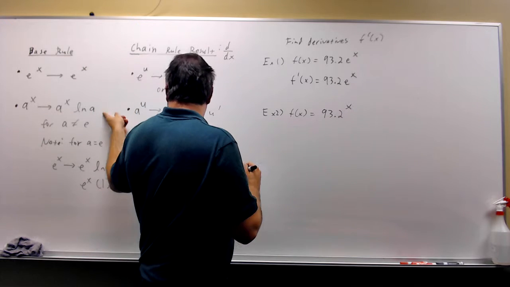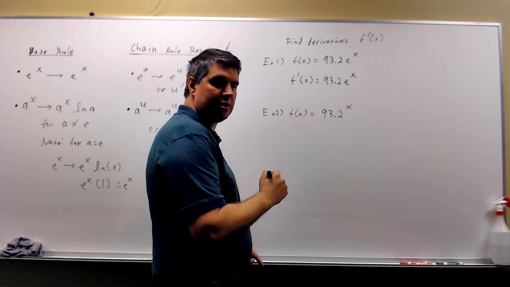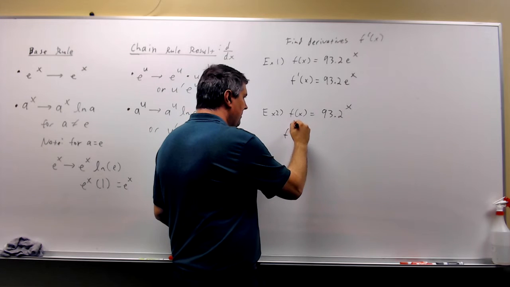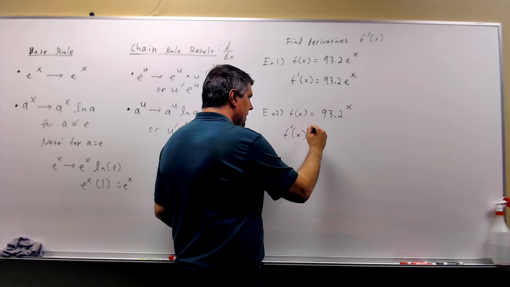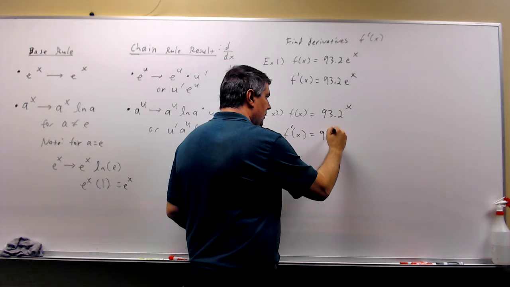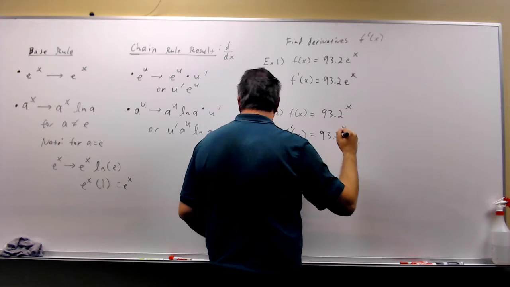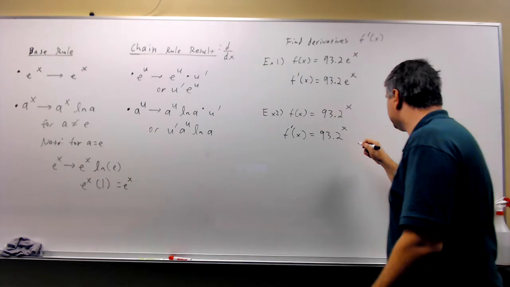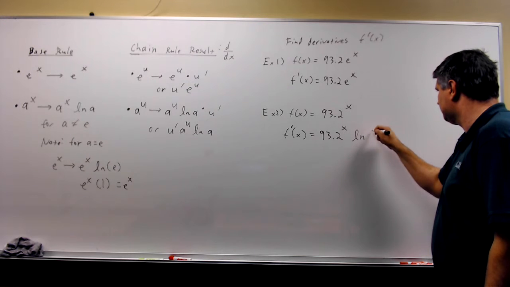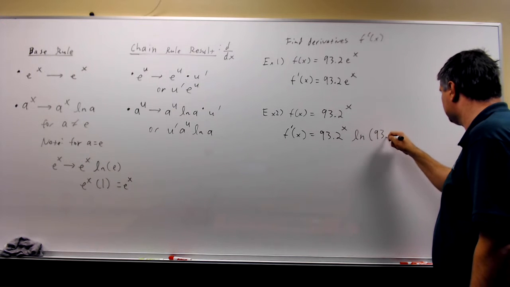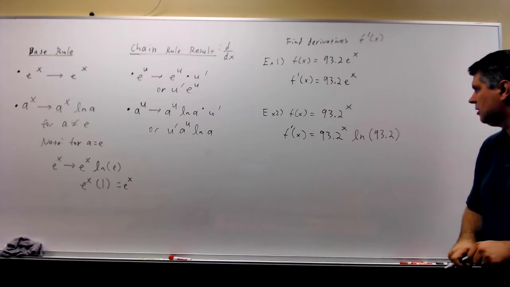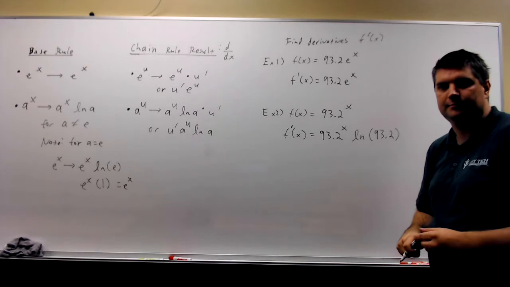This is the rule that I would follow for that situation. So that's going to be f prime of x equals 93.2 to the x times the natural log of the base. And that's it.